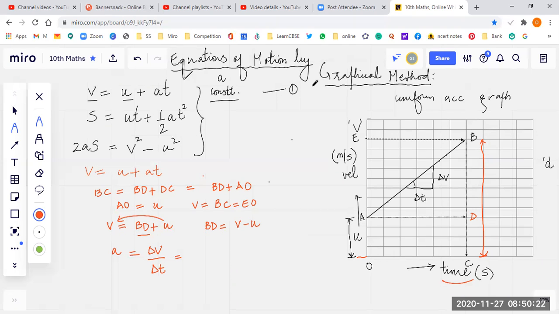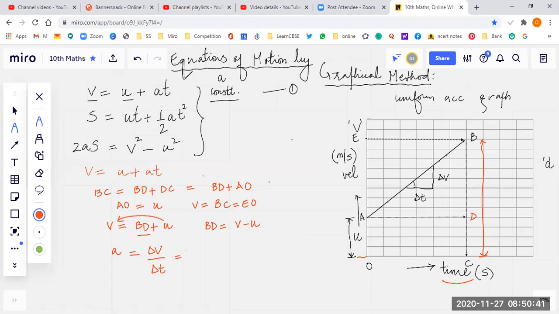At B, the body is reaching final velocity. What is the final velocity at B? Same way as we discussed for the graphs 2 or 3 days back. Just go this side and see what the final velocity is.